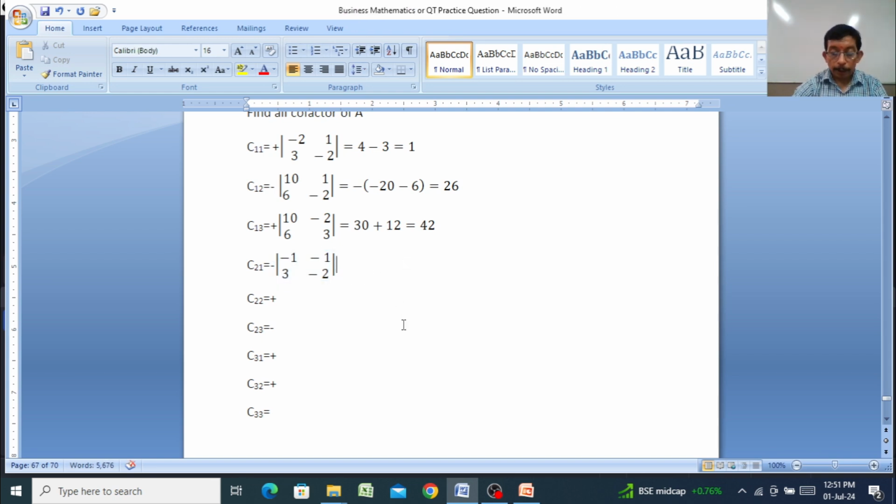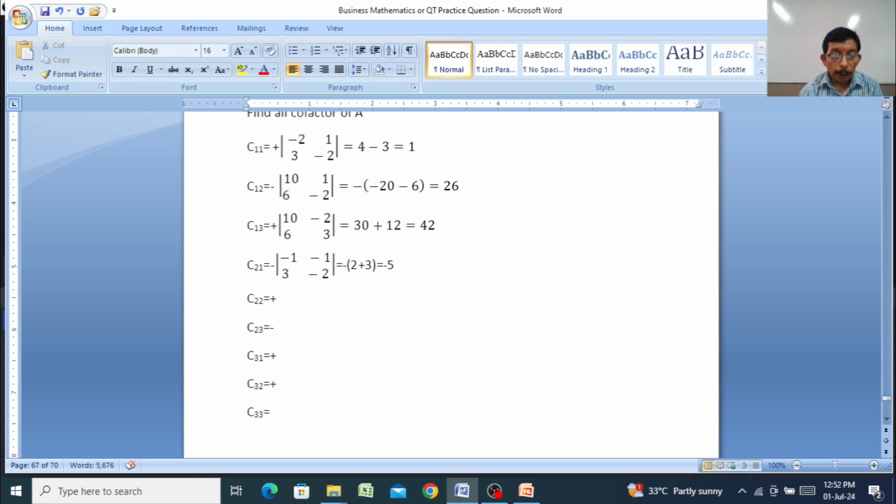Now simplify: is equal to minus 2, minus plus 3, then the value is equal to -5. Is it clear, everyone?